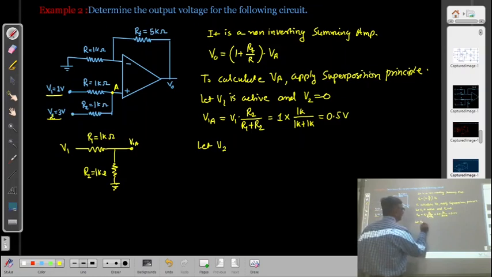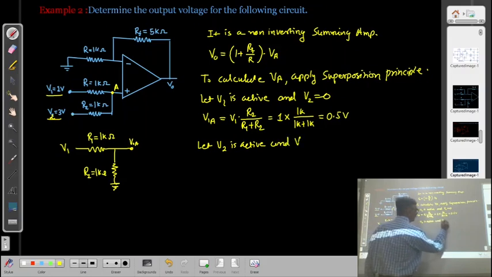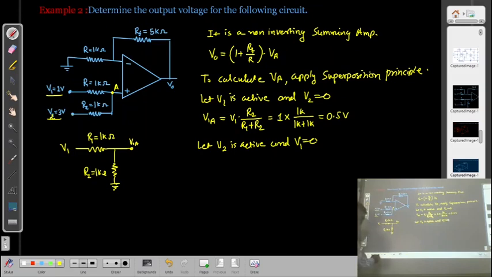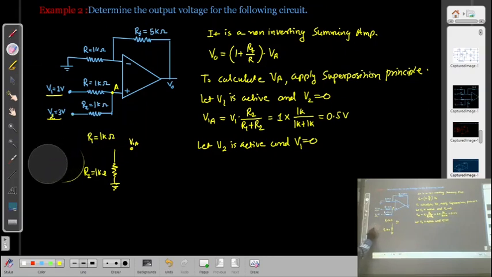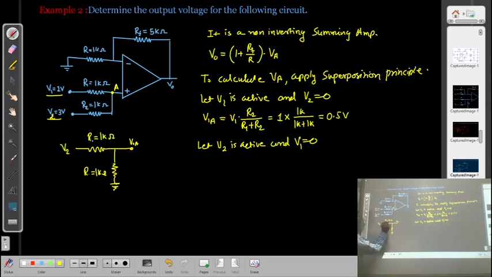let V2 be active and V1 equal to 0. V2 is active and V1 is 0. So here, if you look at this circuit, we have V2, this will be R2 and this will be R1.